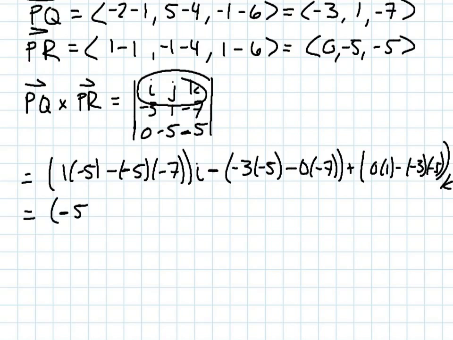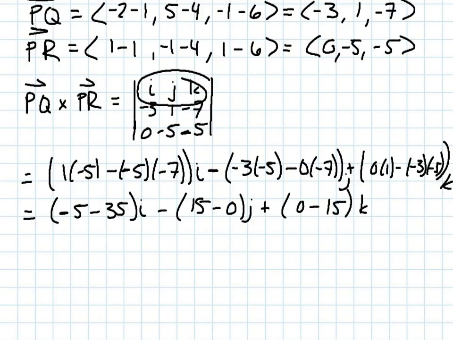So then now, -5 minus 35, i, and then minus 15 minus 0, oh, and I forgot my j, and then plus 0 minus 15k. So then -40i and it looks like minus 15j, and then minus 15k. Okay?